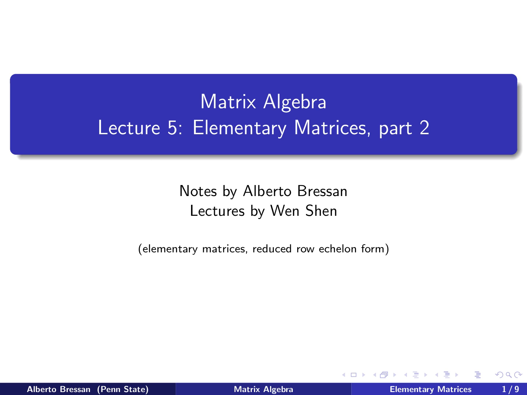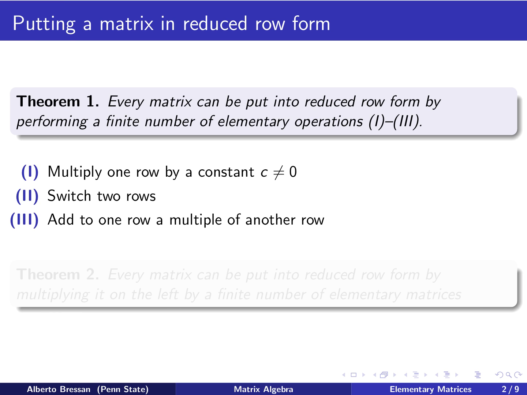Okay, let's get started. So we know each of the elementary operations we performed on the A matrix to make it into a reduced row form can be represented by a multiplication of elementary matrix on the left. Let's now first recall the theorem we had. The theorem says every matrix can be put into reduced form by performing a finite number of elementary operations type 1, 2, and 3.